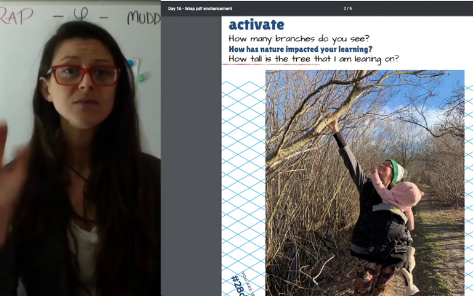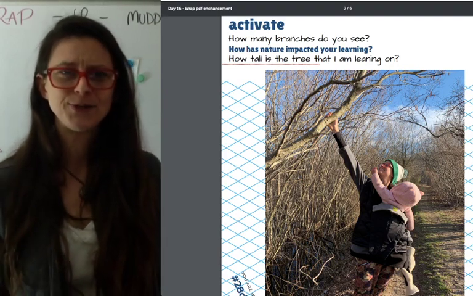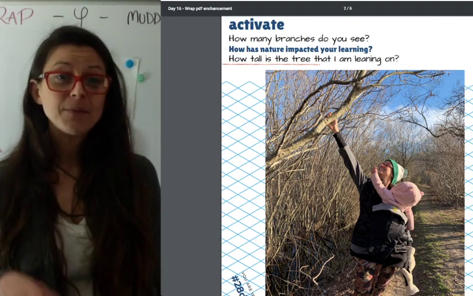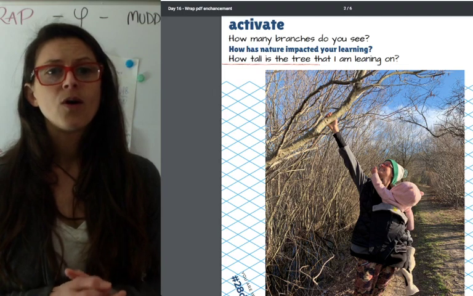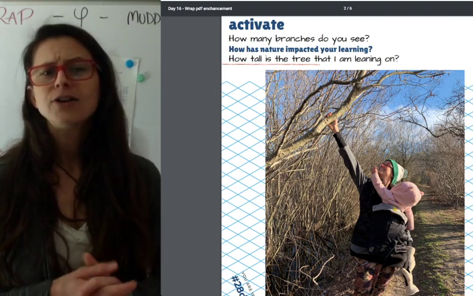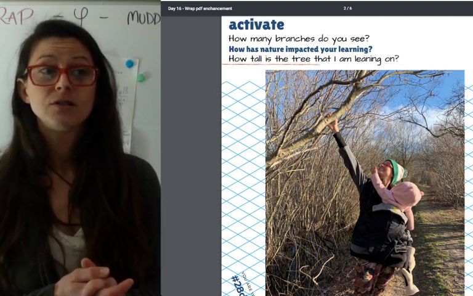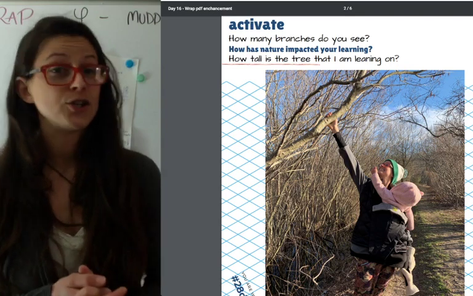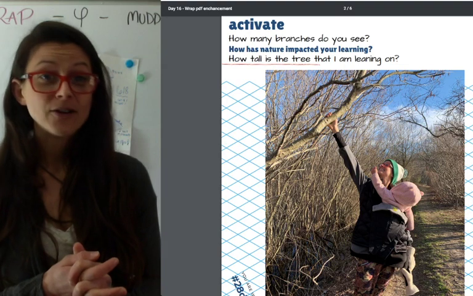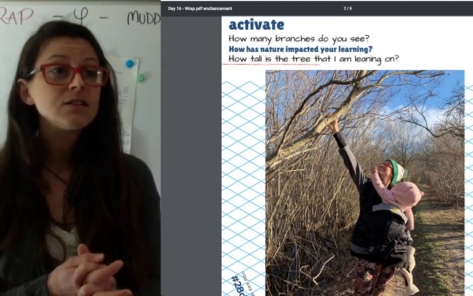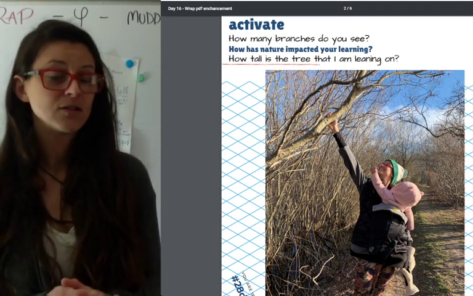So talk about this. How many branches do you see? If you're the skeptic, ask good skeptic questions like, how do you define a branch? What strategies are you using to estimate that? Did you have to count any of those? What section of the picture did you count?